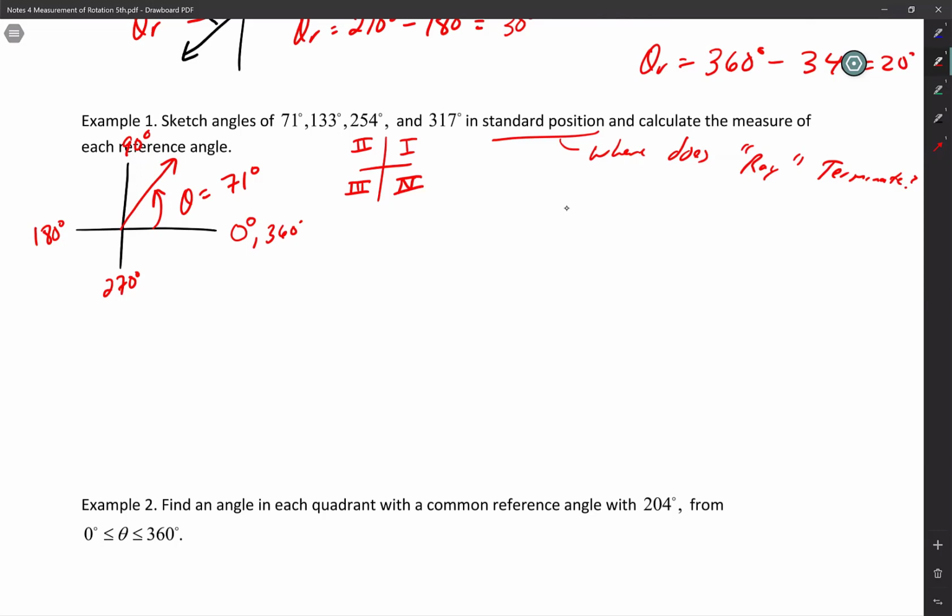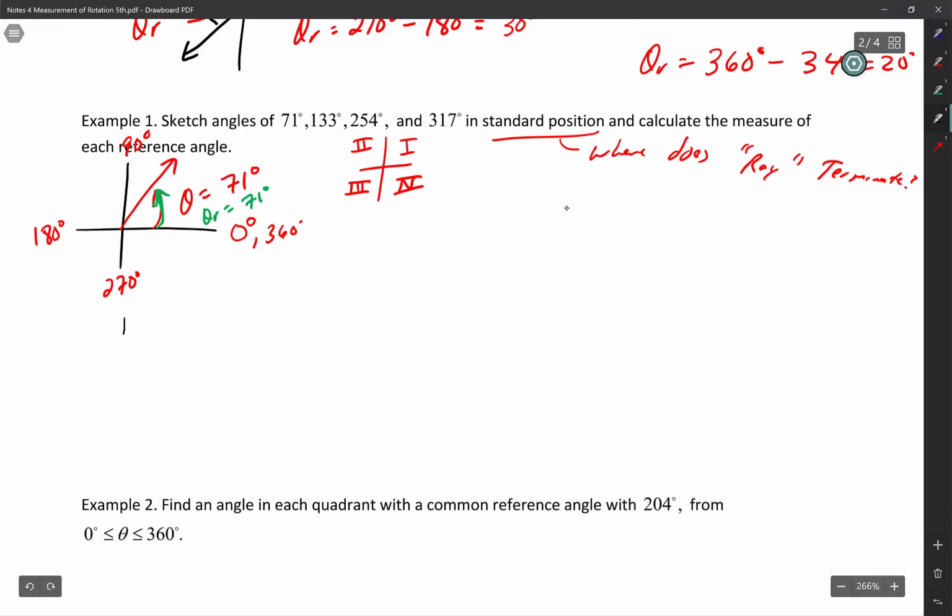If that helps, do that. All right. Theta r, the reference, is 71 degrees because you're already in quadrant 1. It's between 0 and 90 degrees. That makes sense? It's with respect to the horizon. Don't worry, we'll do some more and you'll see what's up.